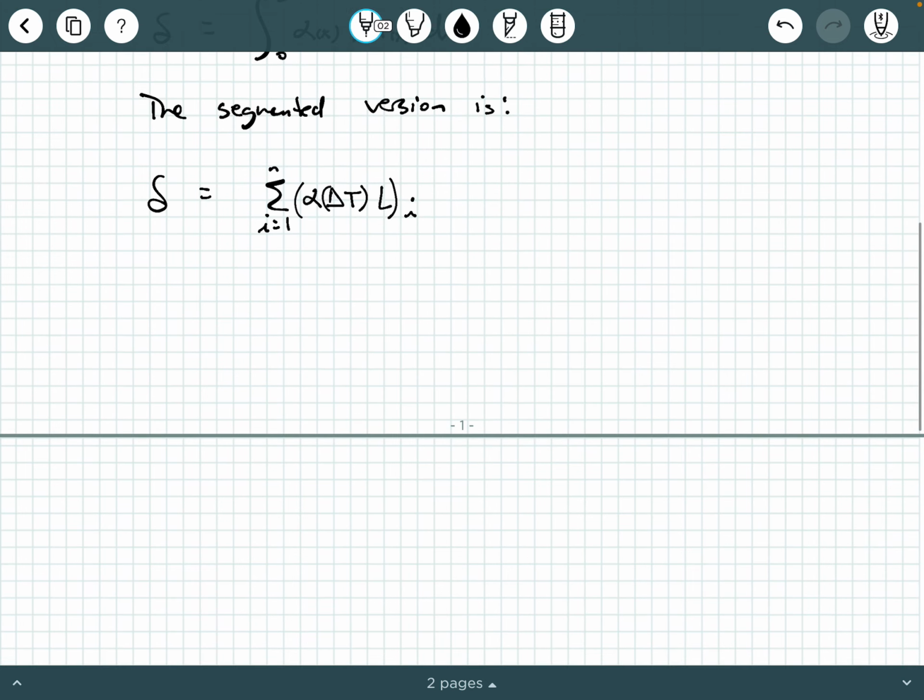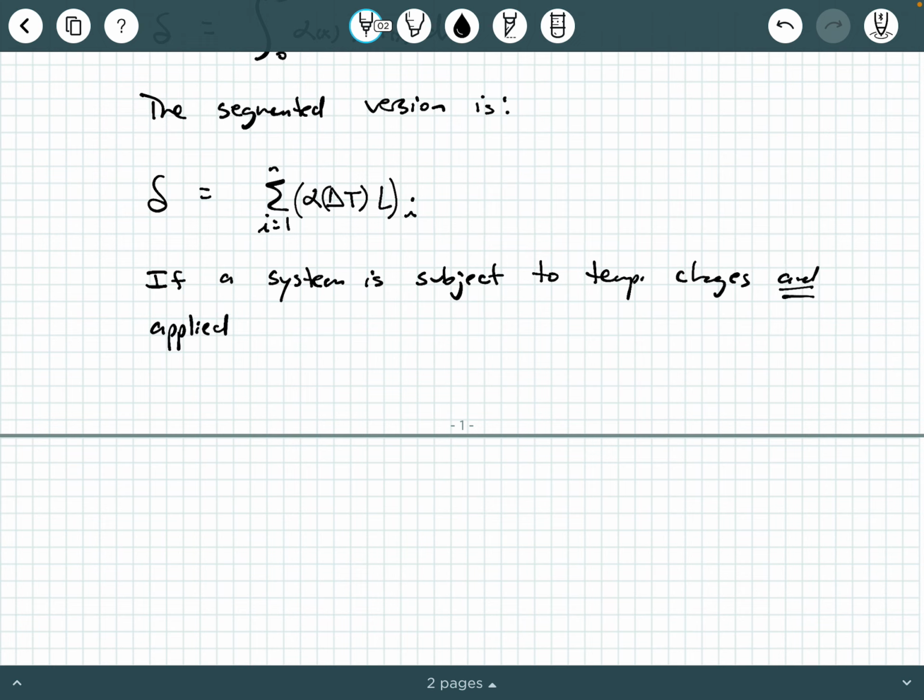The last form of this that I like to touch on is if a system is subject to temperature changes and applied loads. We can write little delta equals the summation as i goes from 1 to n of PL over AE sub i, plus the summation as i goes from 1 to n of alpha delta T L sub i.